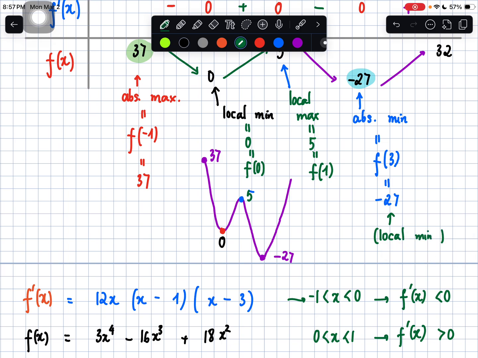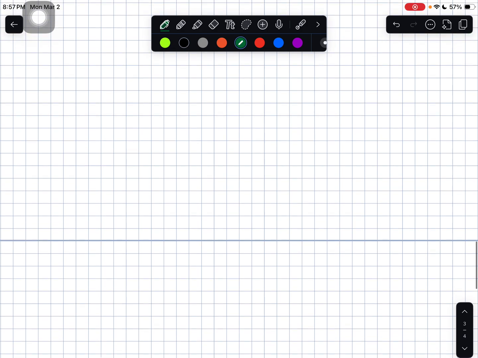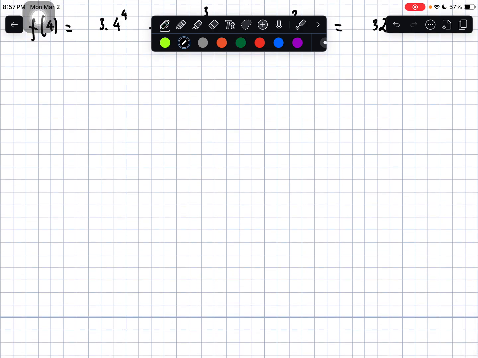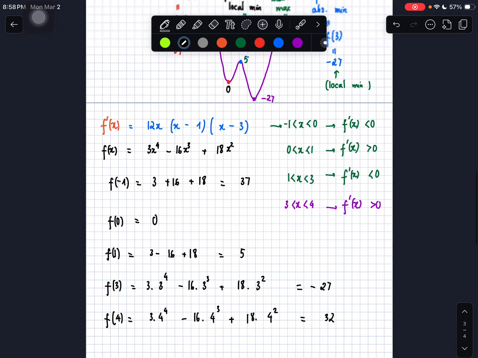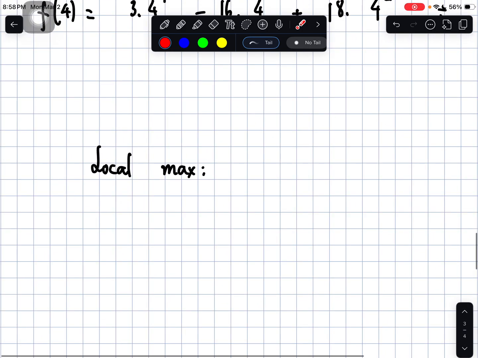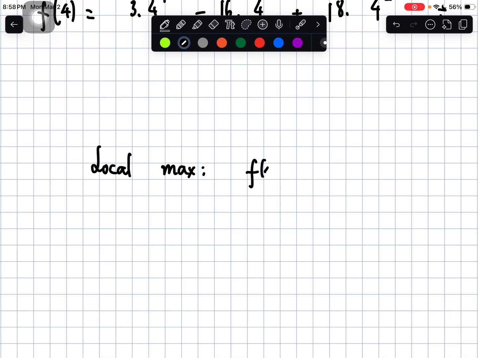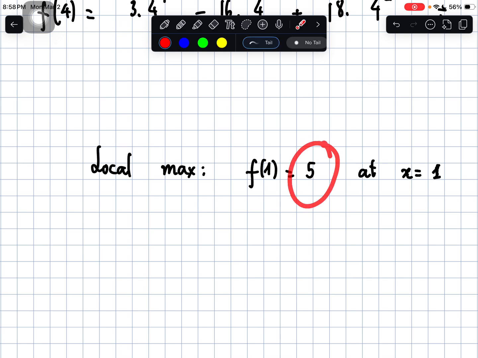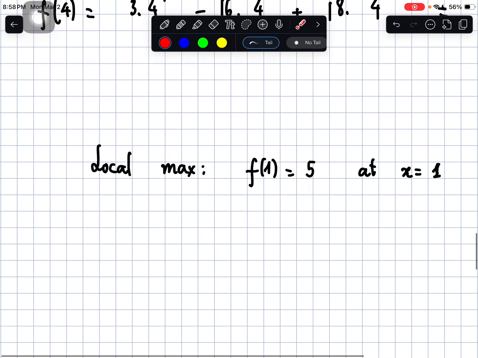So let us write down the conclusion. Local maximum: f of 1 equal to 5, at x equal to 1. So the local max equals 5 at x equal to 1.